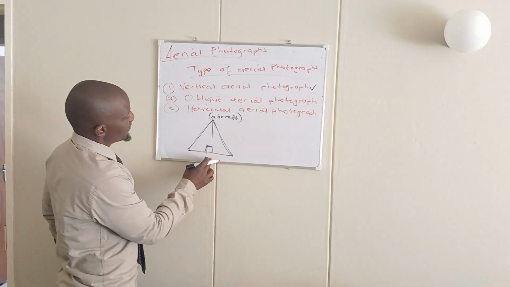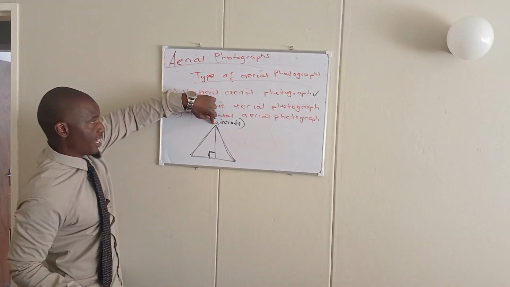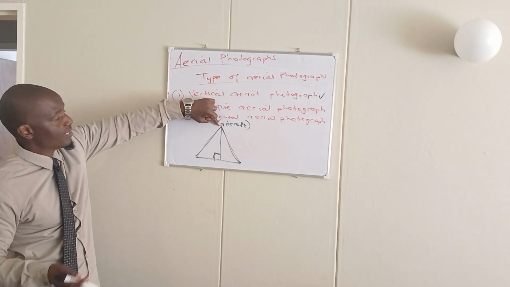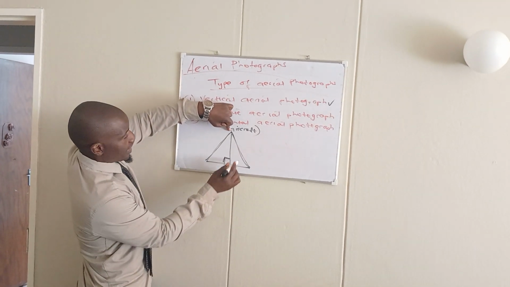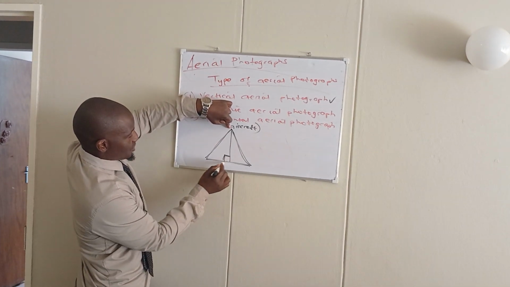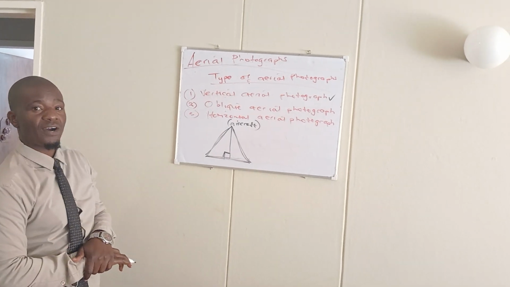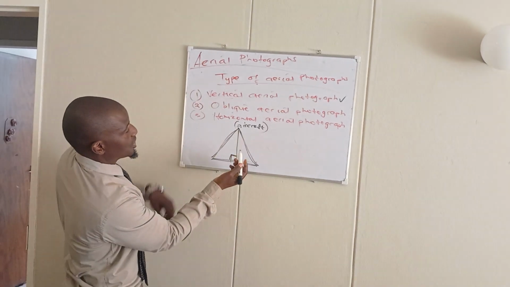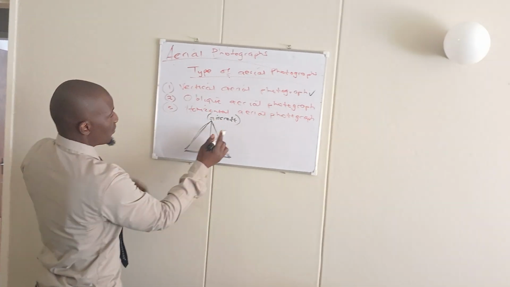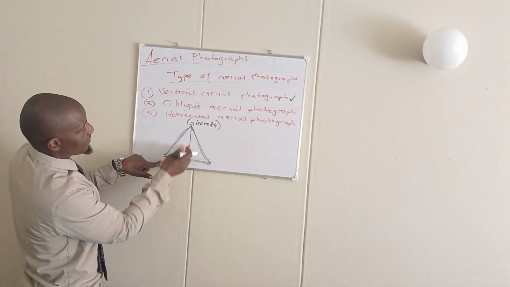It's taken from 90 degrees vertical. This is where our aircraft or aeroplane is. It can be a satellite image, but it's taken from this position, and this is the part that is being taken. This is what makes up our vertical aerial photograph. At 90 degrees, this is the position of our aircraft, which takes this part of the earthly surface from above.